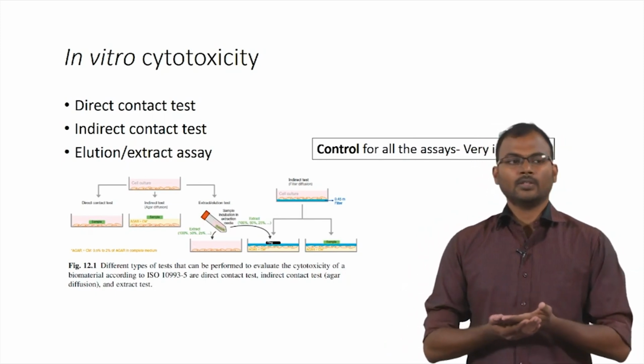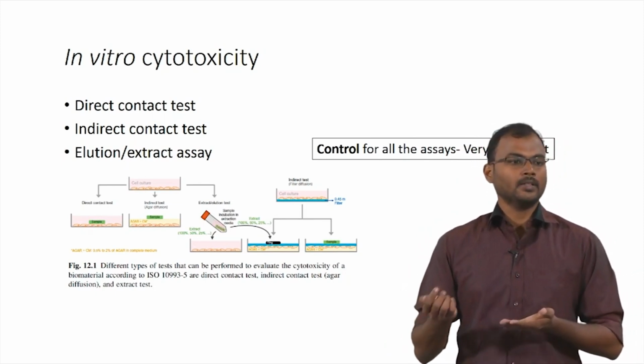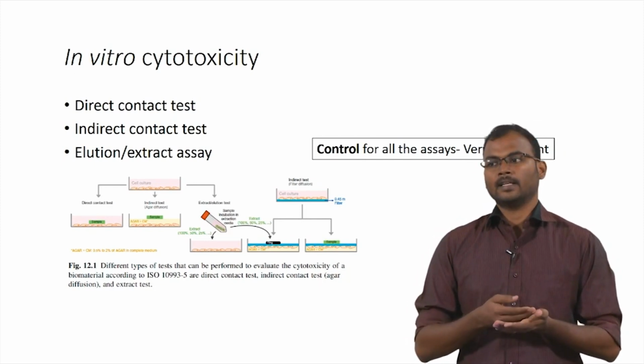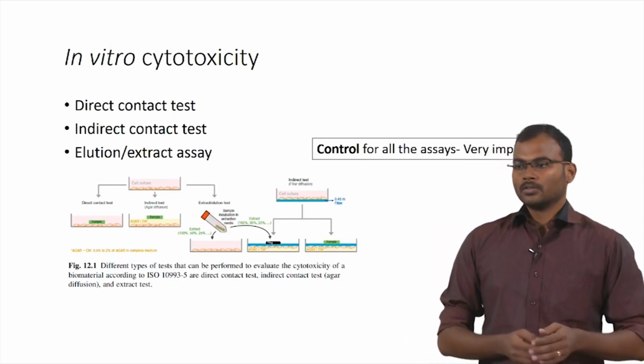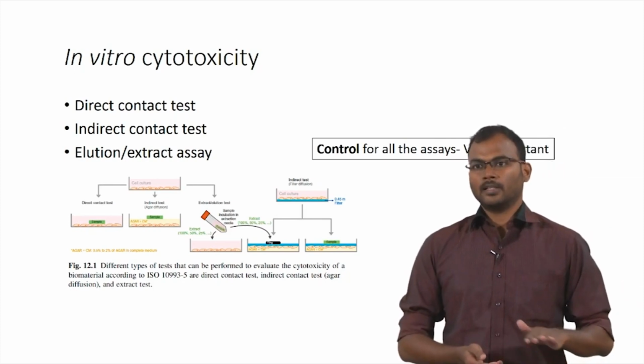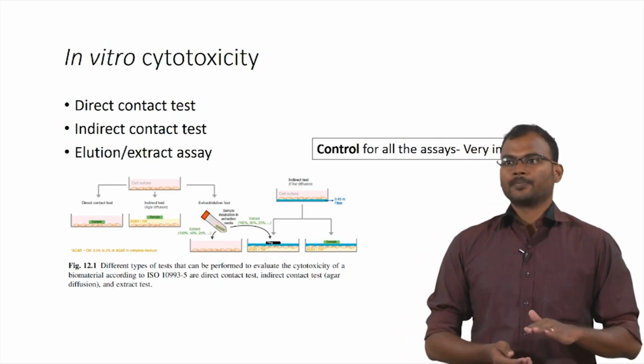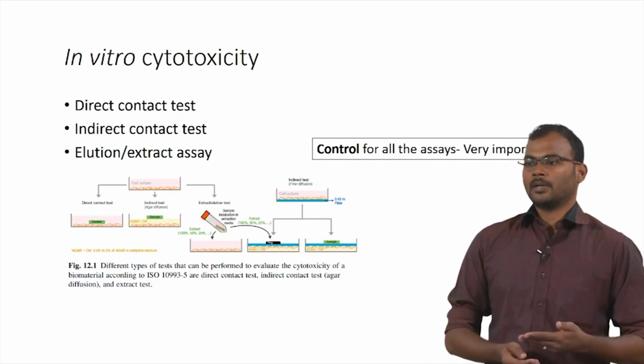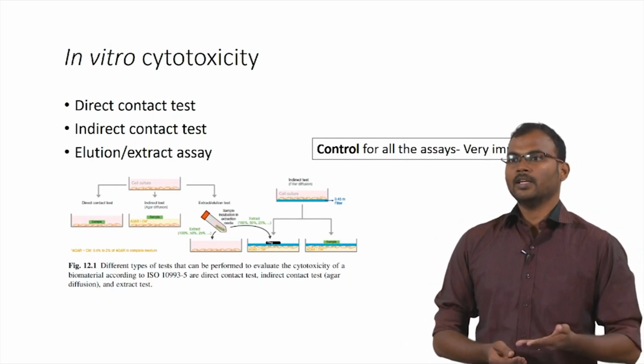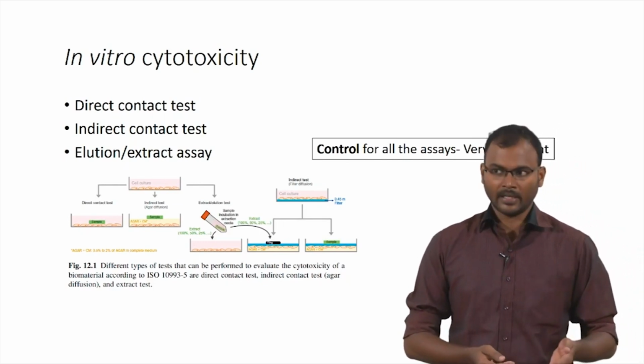So, you have the cells and the extracted media, and you can test whether that leachate has any effect. All these things are based on the sample size and how much leachate is coming out of the sample. If there is no leachate coming out of the sample, it will not have any effect.